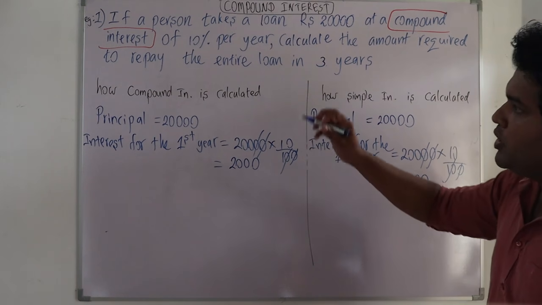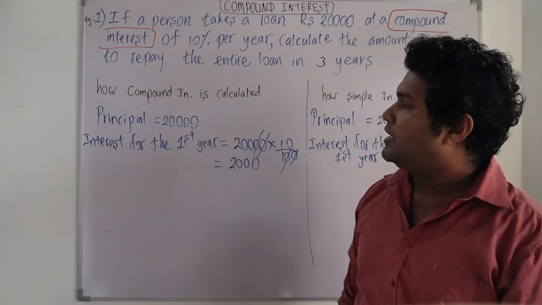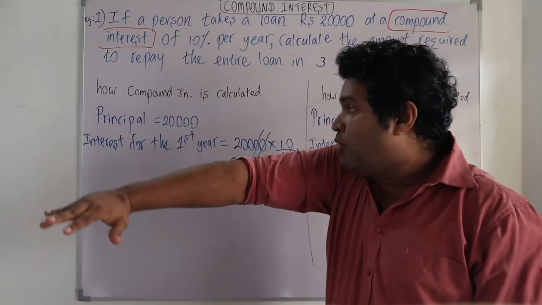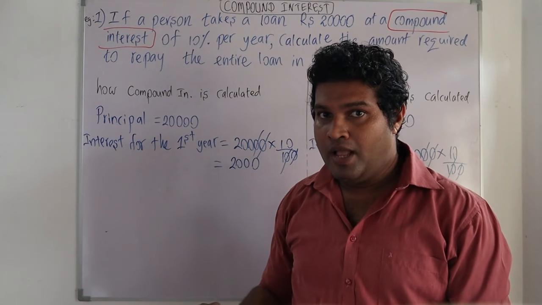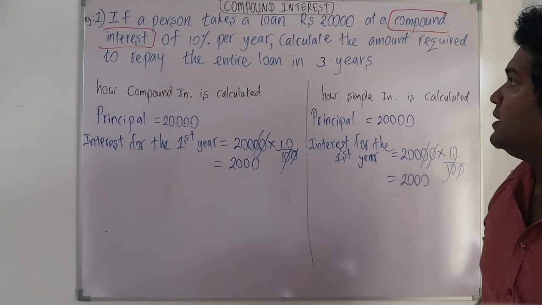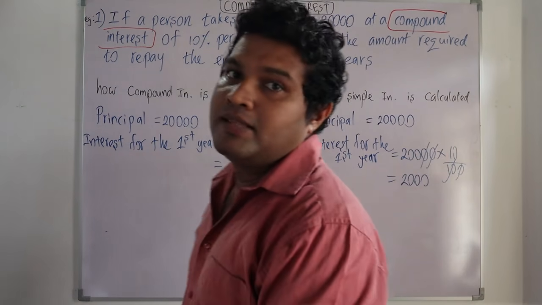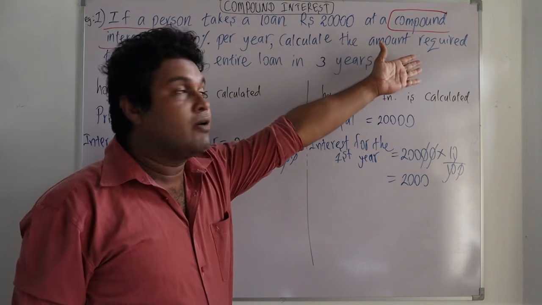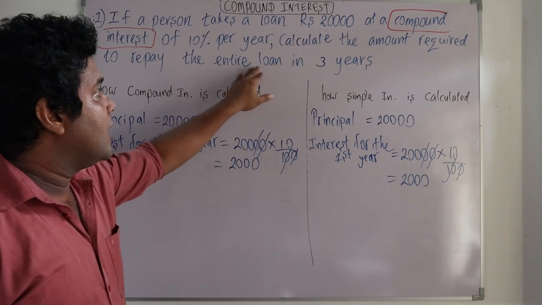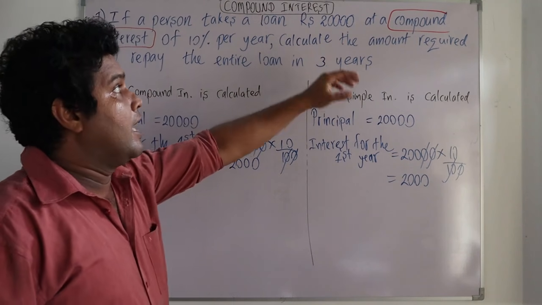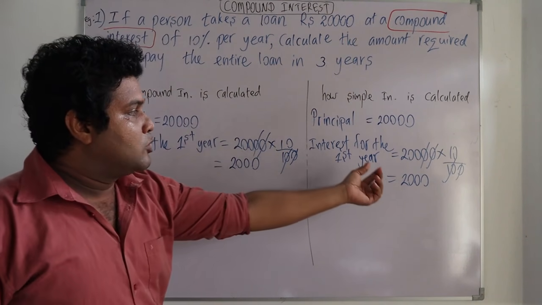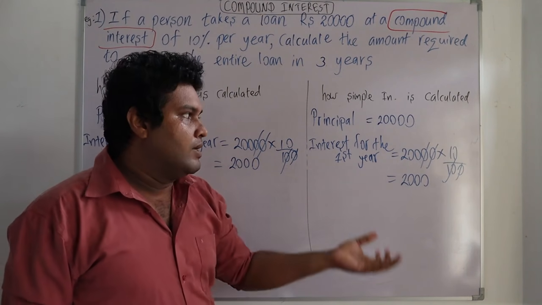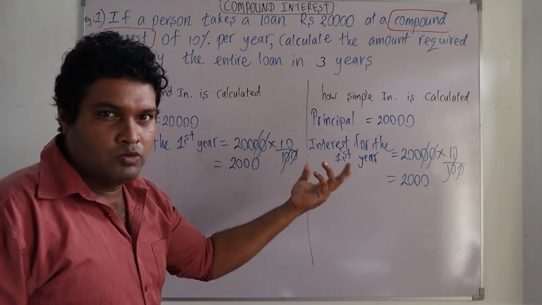But when you are calculating compound interest, you have to gradually go to the second year too. In simple interest, you are not going like that. So for simple interest, if the question is to calculate the amount required to repay the entire loan in 3 years, the interest for 1 year is 2,000.